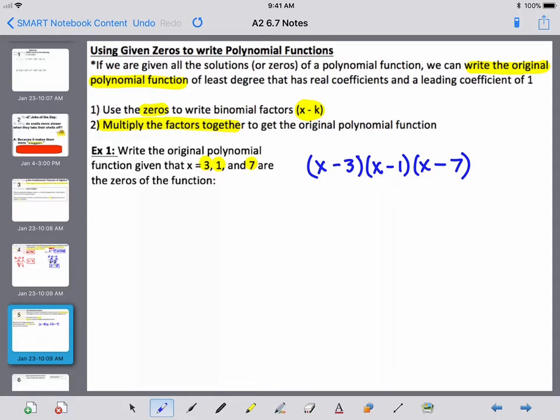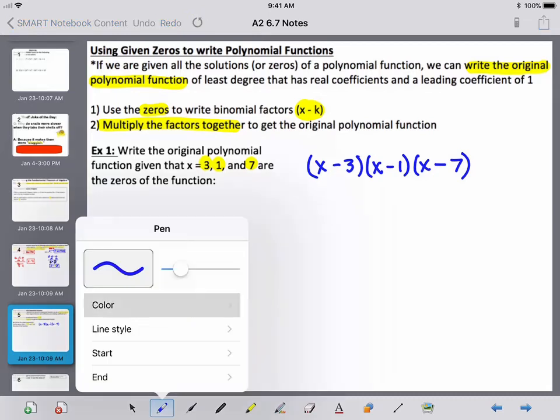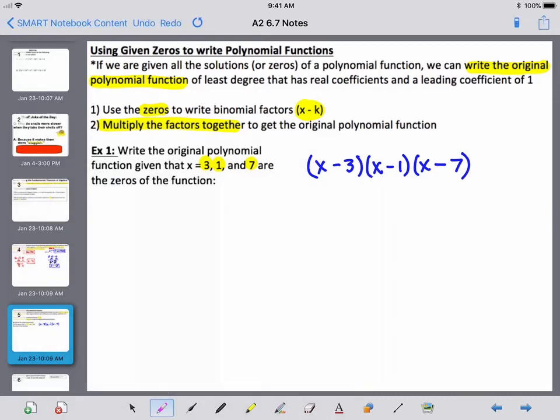Because notice if I would plug in positive 3 to this first factor, I would end up with 0. All right, so this is the factored form of our polynomial. And now we're just going to multiply everything together to get the original. I'm going to start with the x minus 1 and x minus 7.